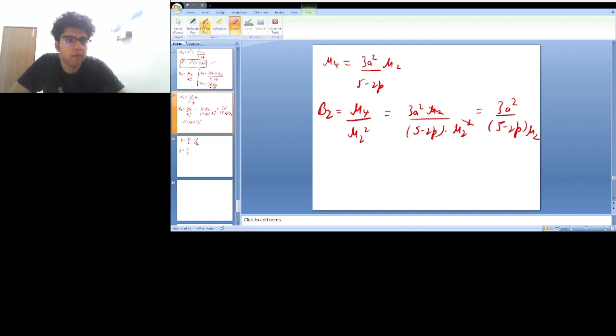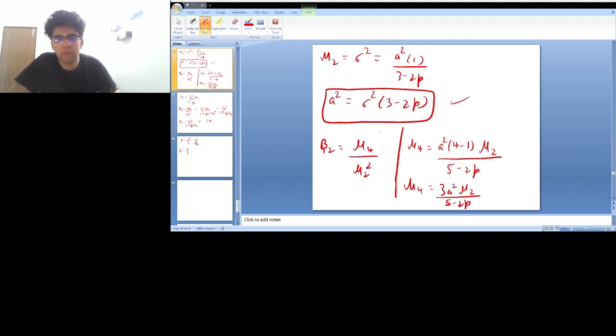So I'm left with beta 2 is equal to 3a square upon 5 minus 2p into mu 2, right? And now can I substitute the value of a square? So the value of a square was mu 2 into... because my sigma square and my mu 2 are the same, so I can write a square is equal to mu 2 into 3 minus 2p.